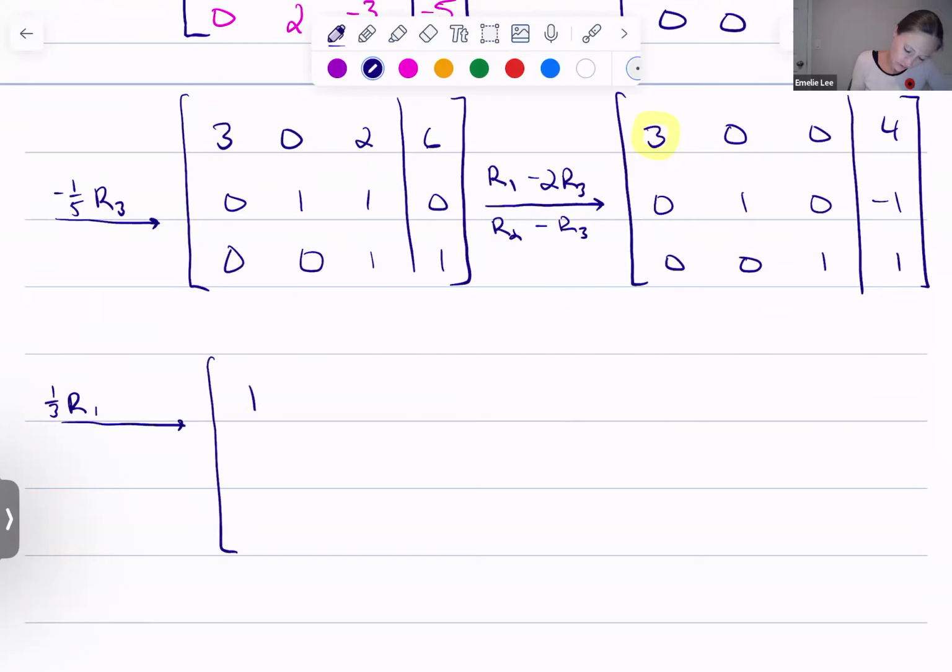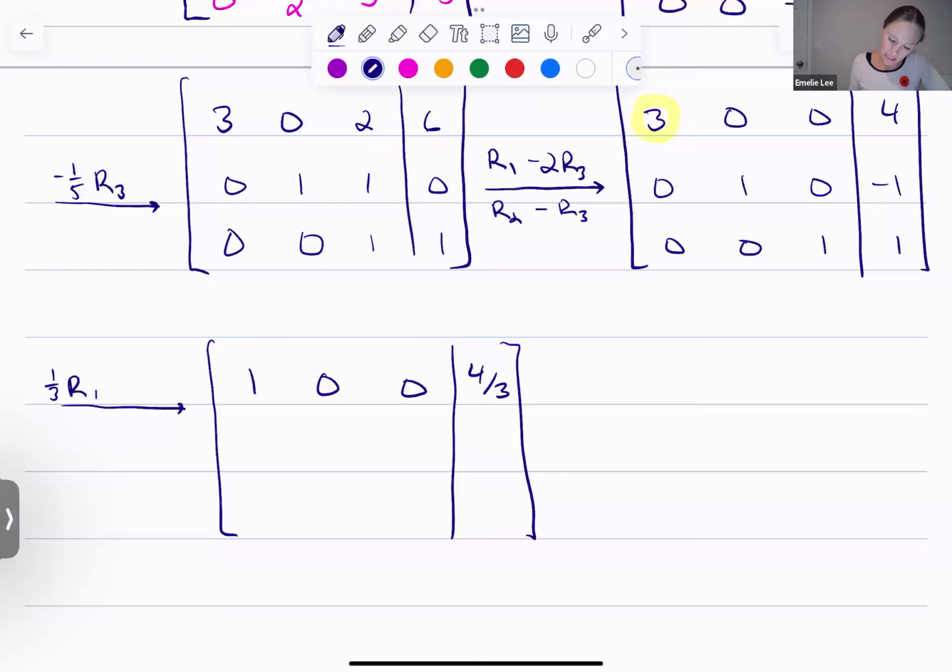And I get 1. 0 divided by 3 is 0. 0 divided by 3 is 0. 4 divided by 3, I'm just going to write 4 over 3. Doesn't matter. And the others stay the same, 0, 1, 0, -1, 0, 0, 1, 1.